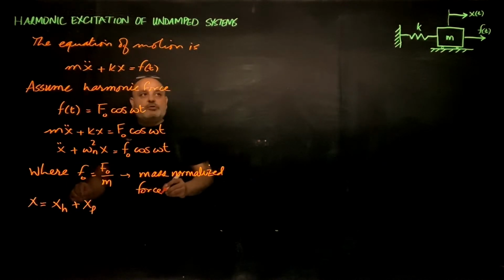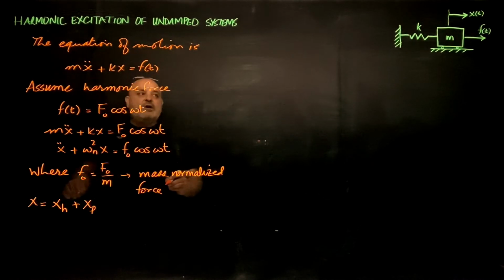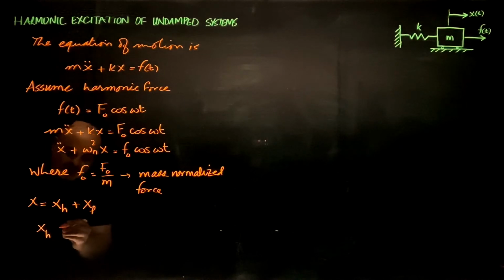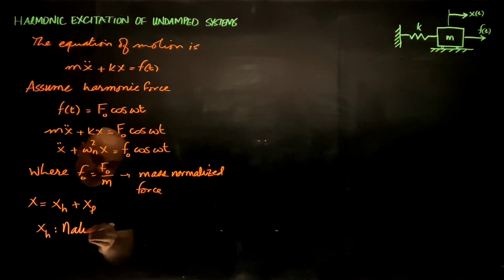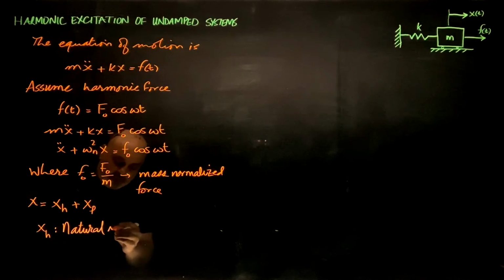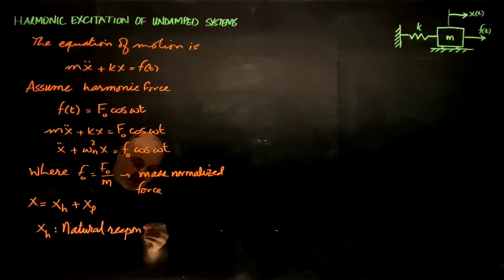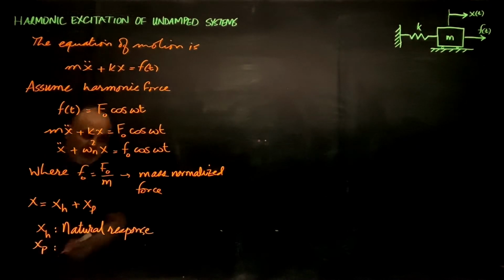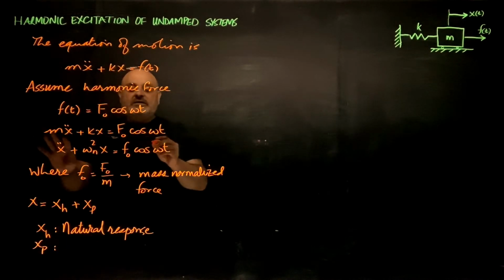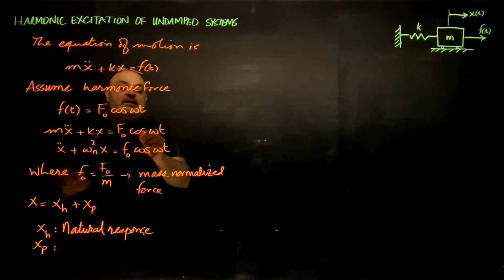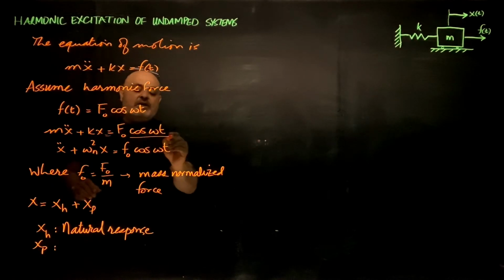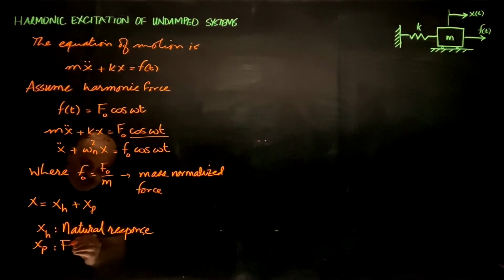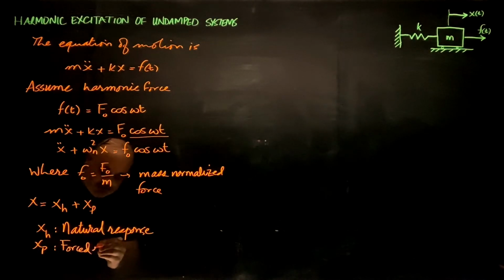The homogeneous solution in vibration, we call the natural response, and the particular solution, because it's a solution that is associated with the right hand side, which is basically the forcing term, will be known as the forced response.